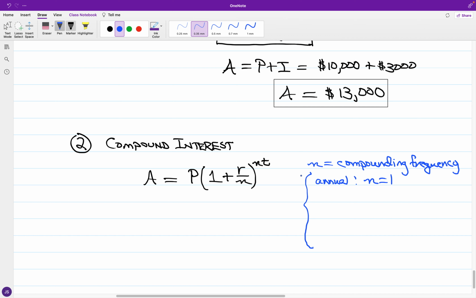And if I were to up the frequency, say like for semi-annual compounding, that's like once every 6 months or twice a year. Also have in the case of quarterly compounding, so that's going to be 4 times a year.